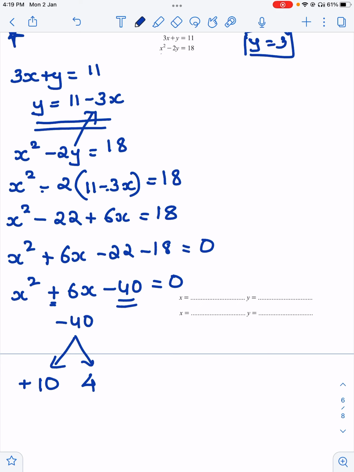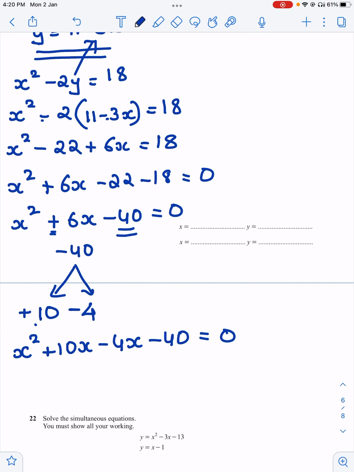Now 10, what should I do to 10 to get 6? I have to subtract. So this 6x now will be split as plus 10x minus 4x minus 40 is equal to 0. What I did here, see, instead of 6x, I wrote 10x minus 4x. The meaning remains the same.